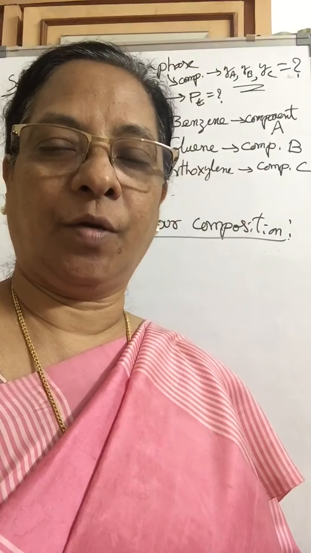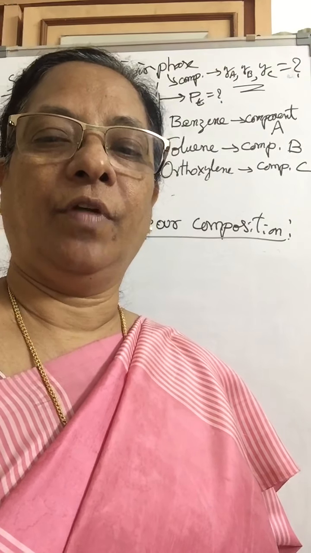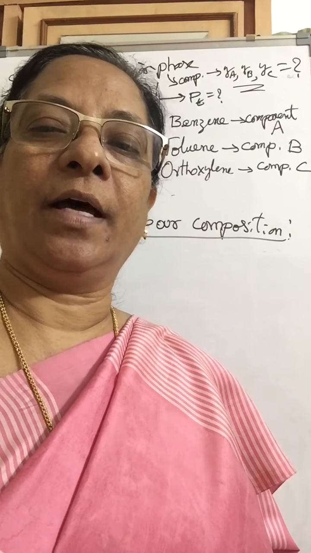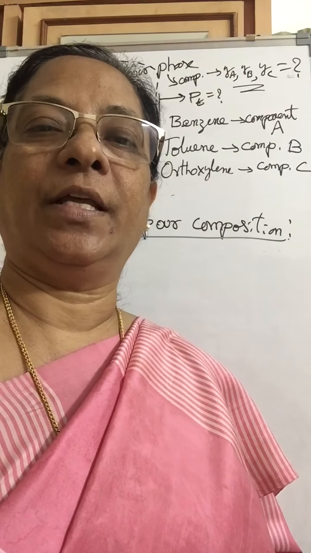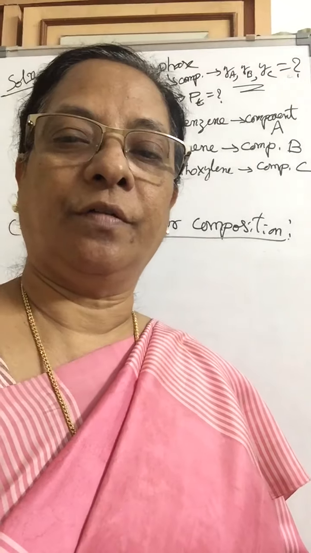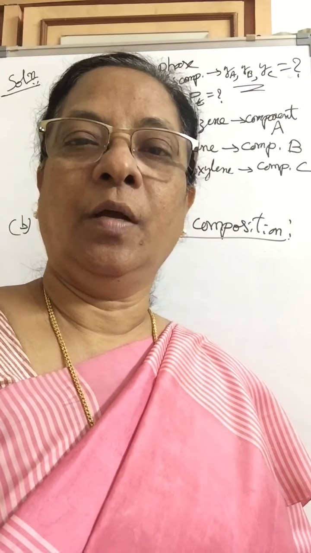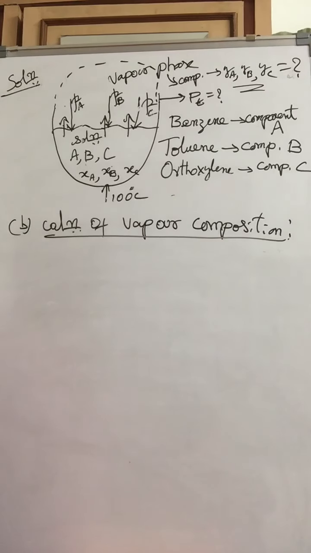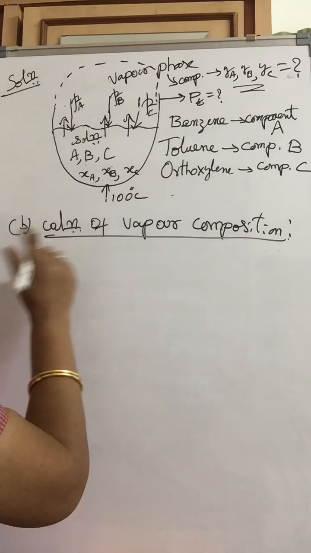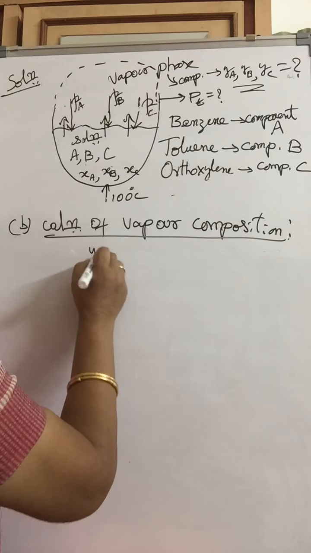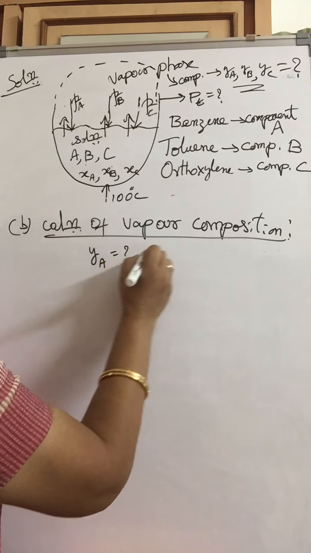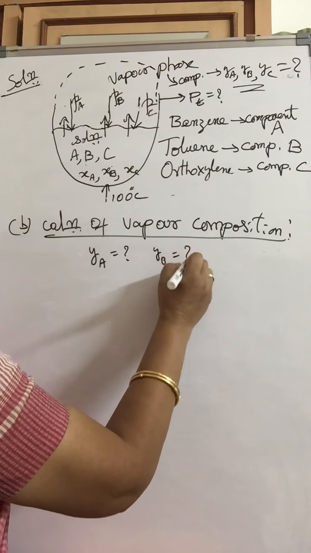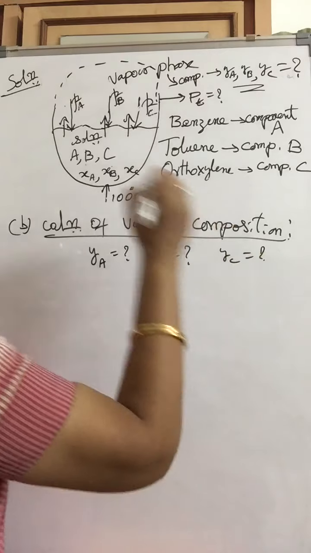First we will calculate mole fractions, then we will express them as percentages by multiplying by 100. So the question now is, YA how much, YB how much, and YC how much.